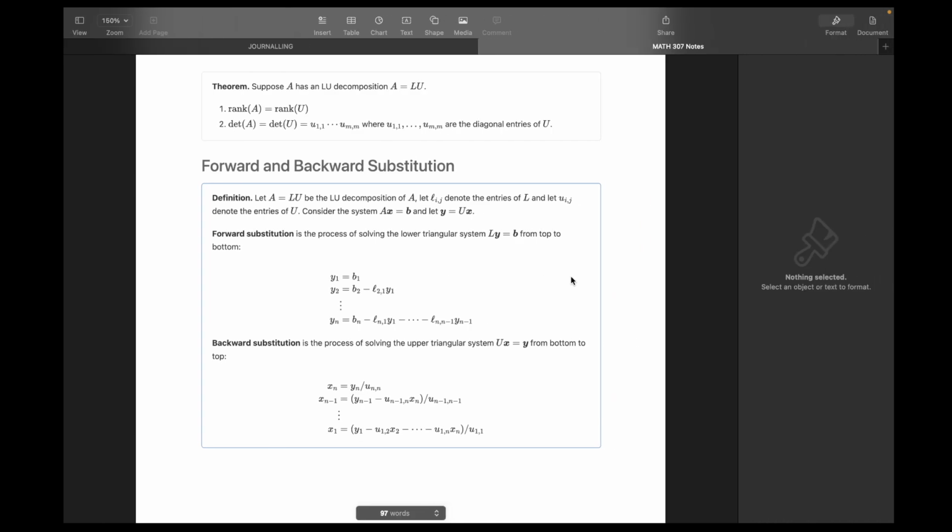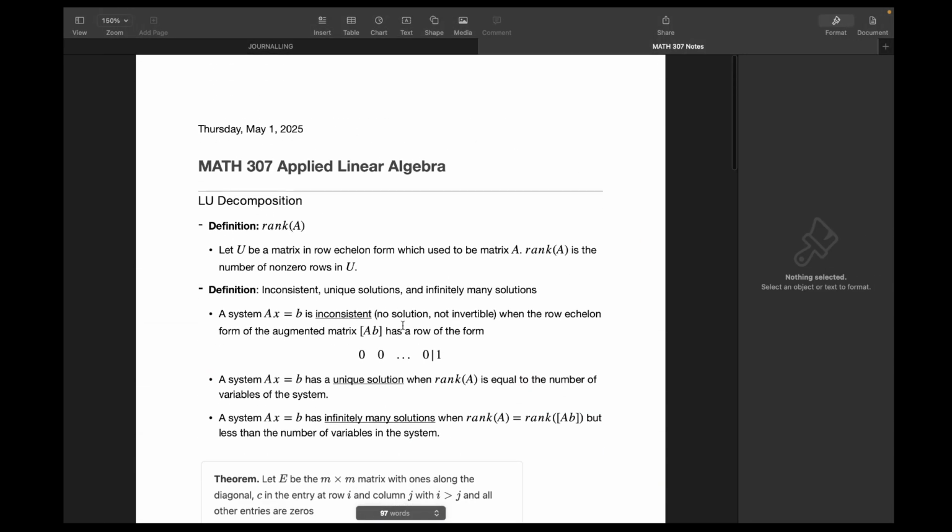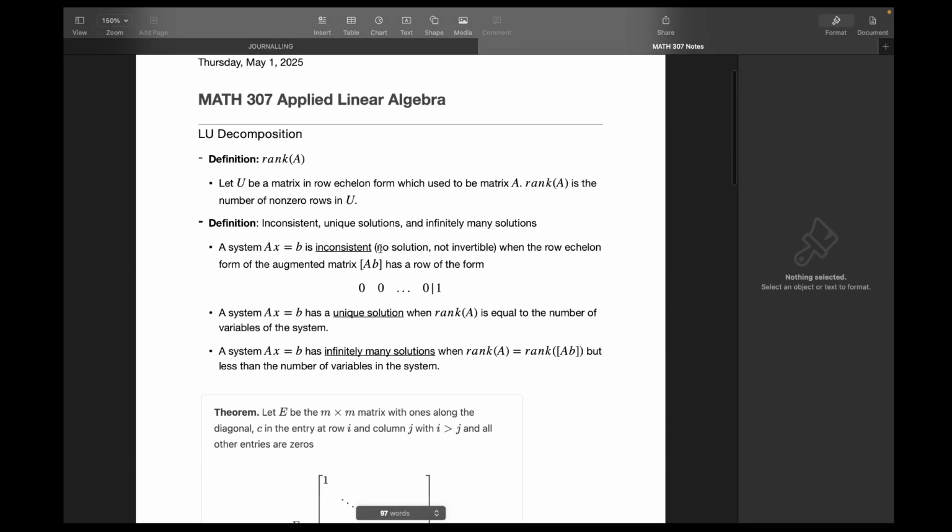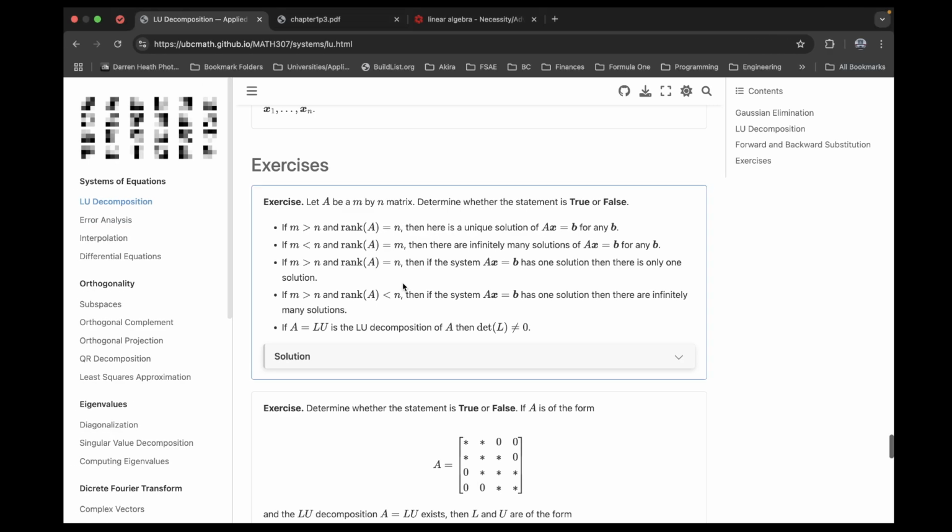Wait, what the heck? I think it's false, true, false.